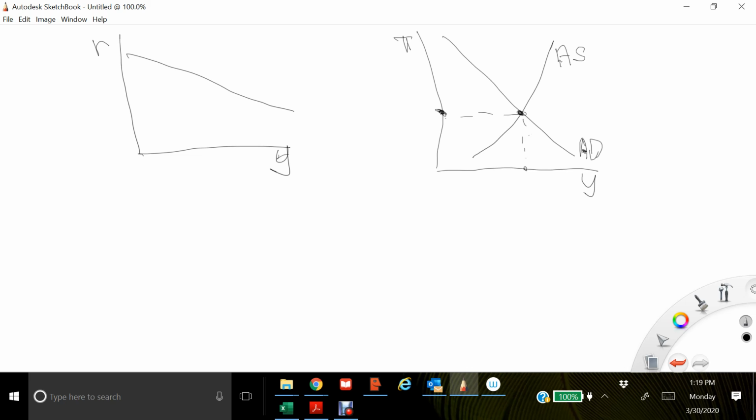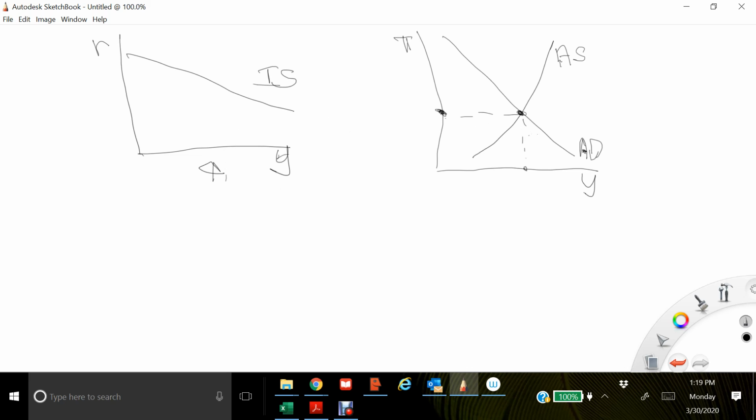Monetary policy doesn't do it alone. There's also fiscal policy, but in this course we go into monetary policy in detail. So here's what we did in chapter 20, the IS curve.